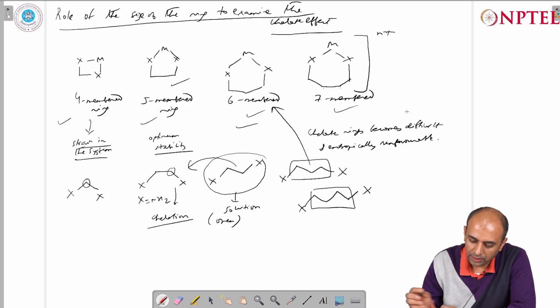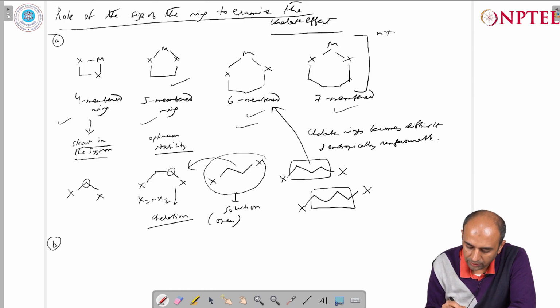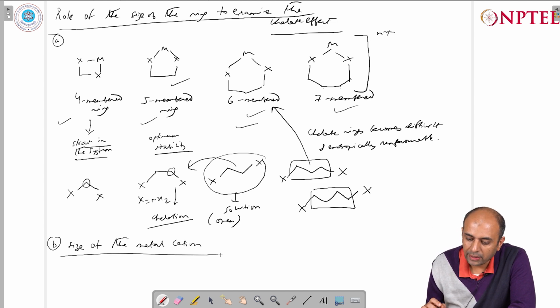The next factor, so this is the size of the ring. The next factor is the size of the metal cation.